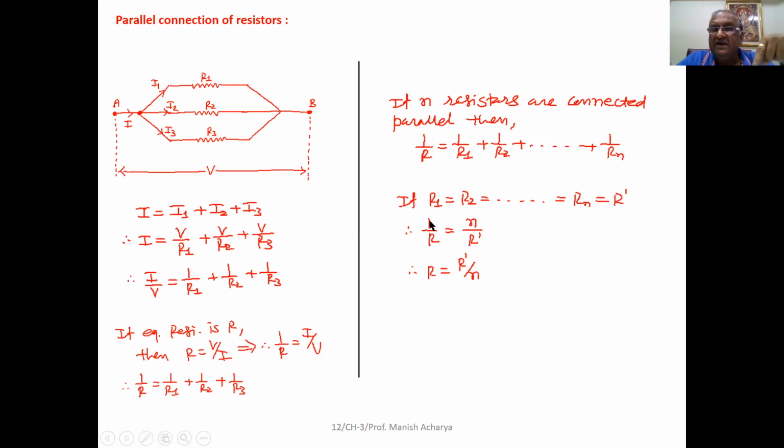So resultantly, we can write 1 upon R is n times 1 upon R dash. So we can write R equal to R dash by n. And always remember this thing: in a parallel connection of resistors, the resultant or equivalent resistance will be smaller than the smallest one connected in the combination. Clear to all of you?